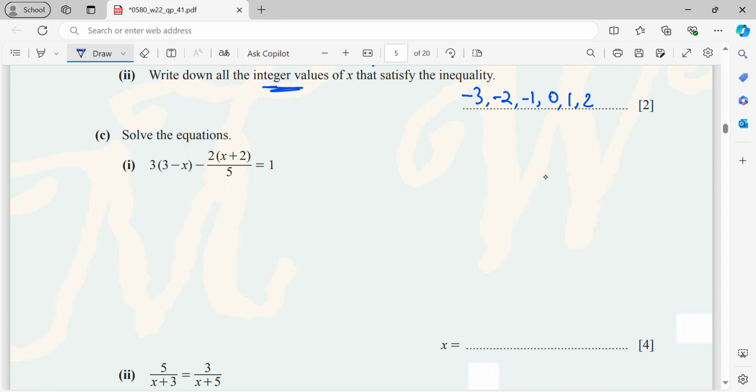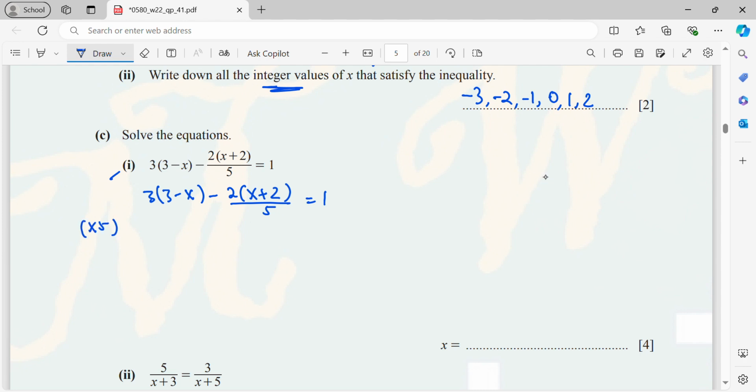C, solve the equations, the first part. Now for this, I will times the whole equation by 5. So first step, multiply by 5.